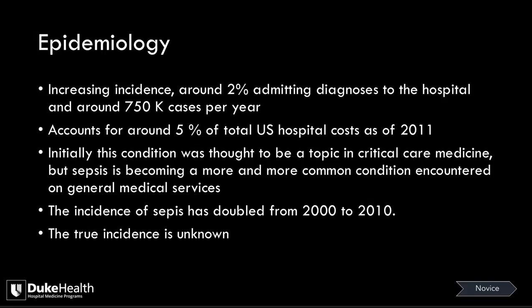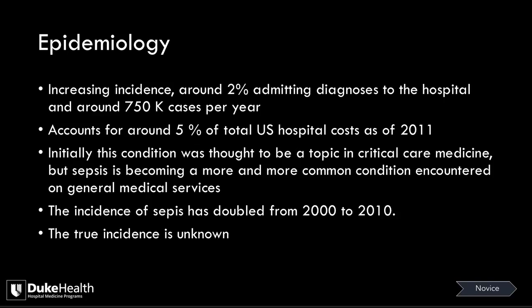So that is a topic of hot debate currently. Clearly, it's a prevalent condition, and it's something that is potentially life-threatening, so it is a topic that we'll investigate further.